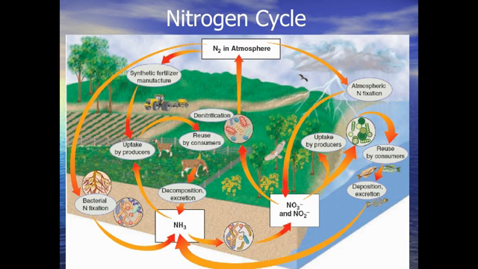There's nitrifying bacteria, and they can take the NH3 and convert it into nitrates and nitrites. Nitrates and nitrites can be absorbed by plants as well. Right? So there are just other nitrogen compounds.